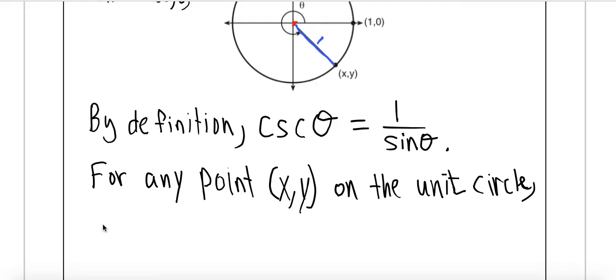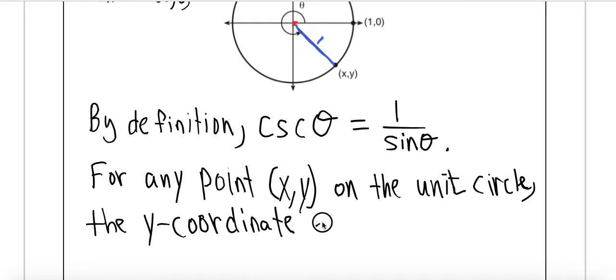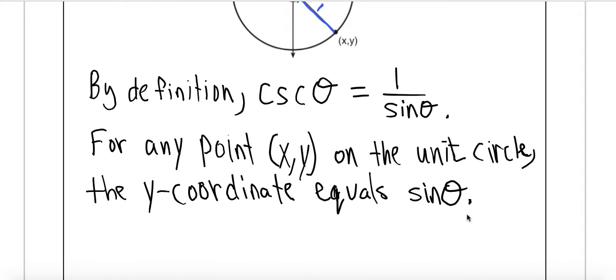The y value is equal to sine theta. So the y coordinate of the point equals sine theta. So now, we already know that cosecant theta is always equal to 1 over sine theta.